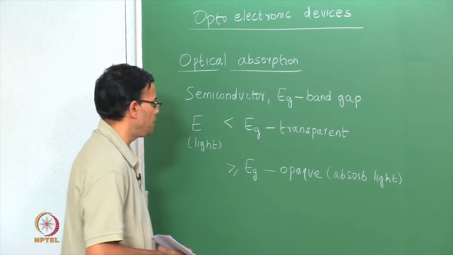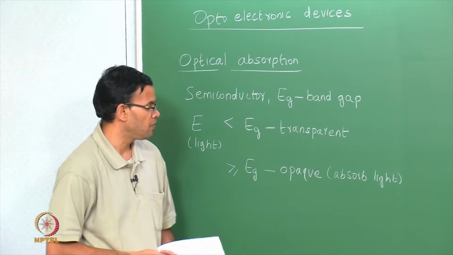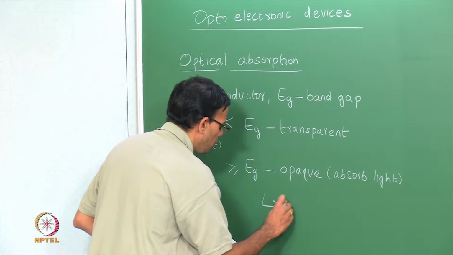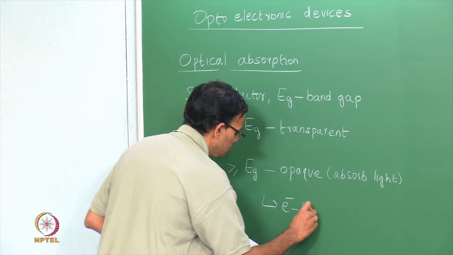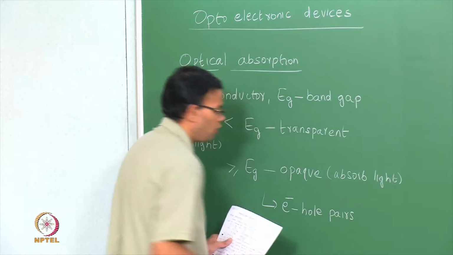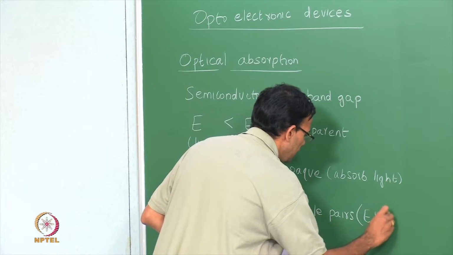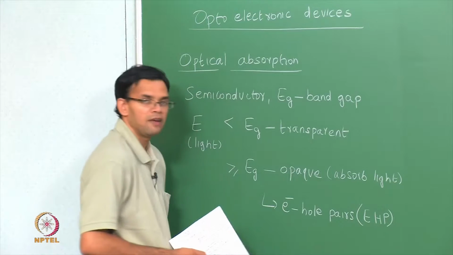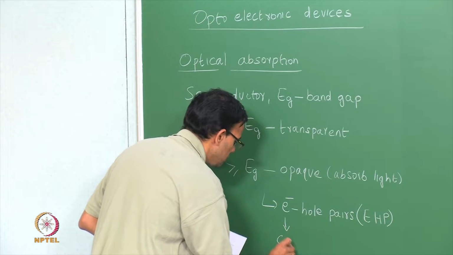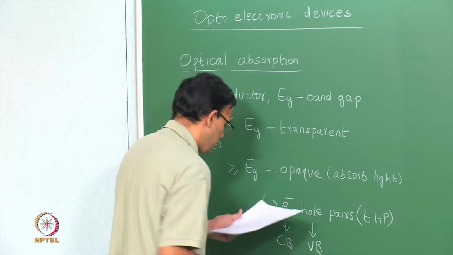When you have incident light of energy greater than Eg and light gets absorbed, it produces electron hole pairs. You can also abbreviate this as EHP, which just means electron hole pairs. So, you have electrons that are produced in the conduction band and holes that are produced in the valence band.